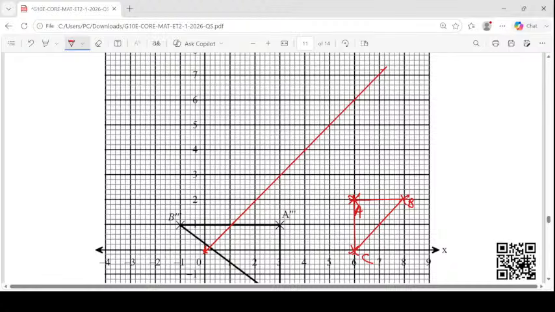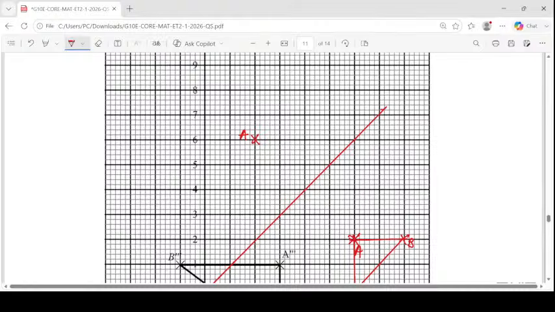So let us reflect. So 1, 2, 3, 4. 1, 2, 3, 4. This is my A. My B will be 1, 2, 3, 4, 5, 6. 1, 2, 3, 4, 5, 6 is here.